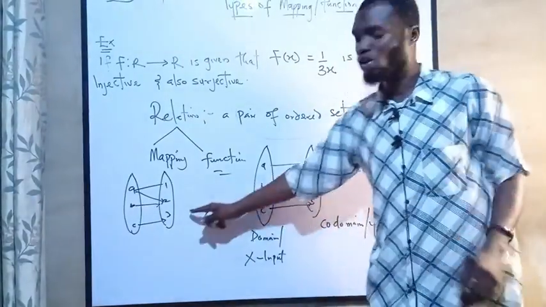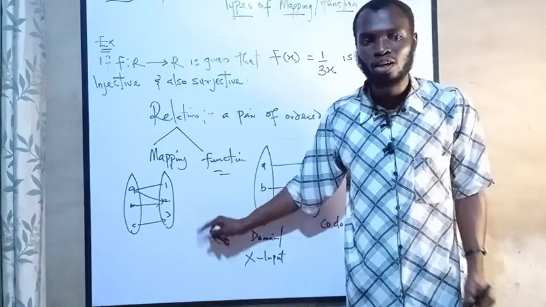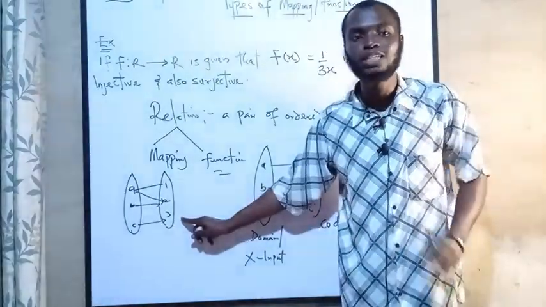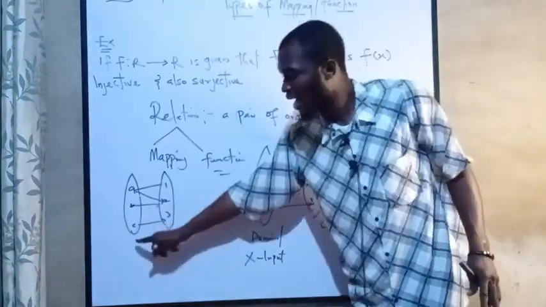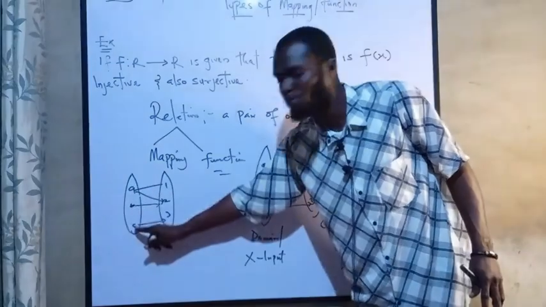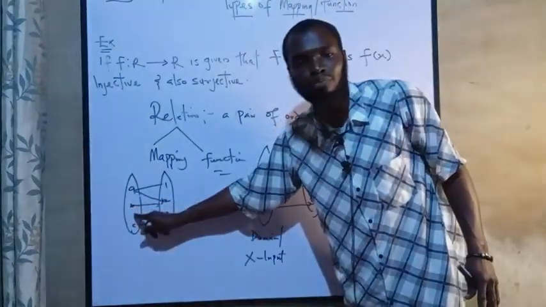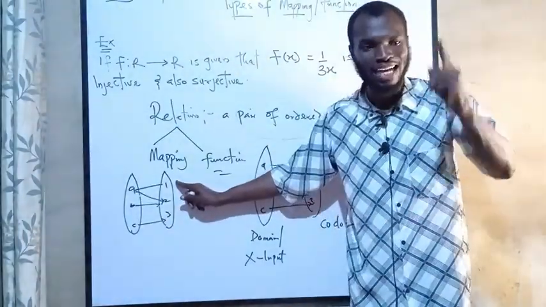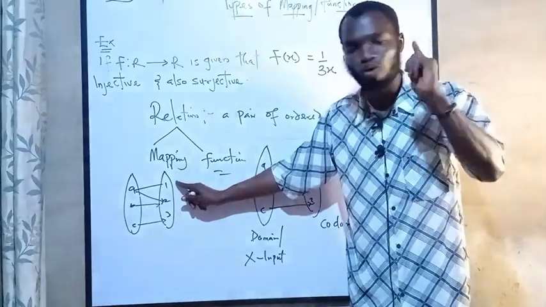We don't call this one a function. We call it a mapping. Because as far as the domain is concerned, each element in the domain must not pair with more than 1. They must pair with only 1.